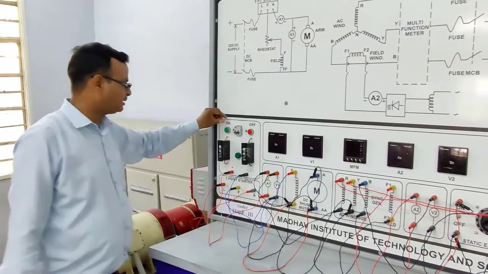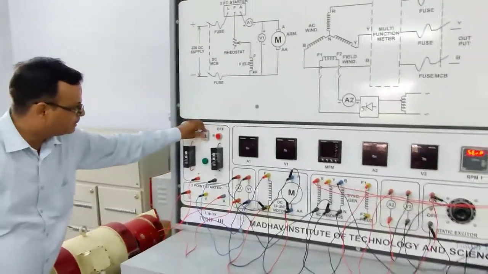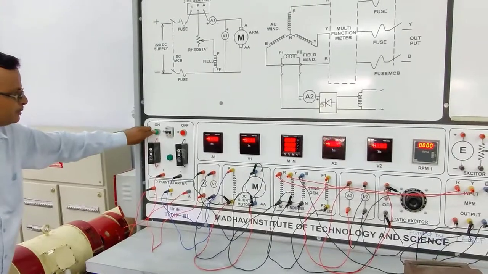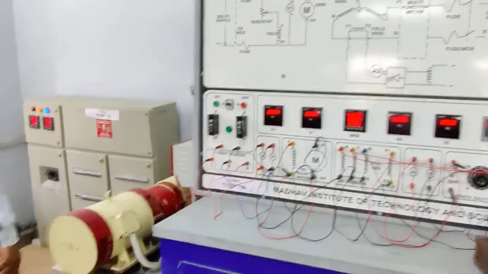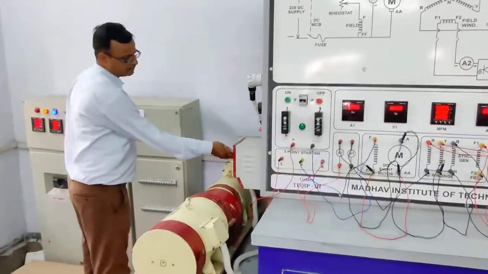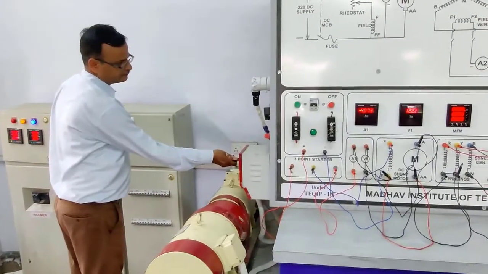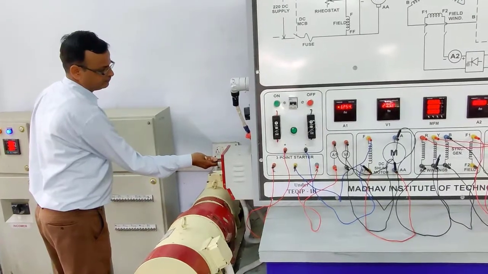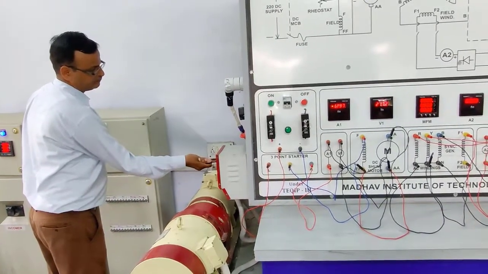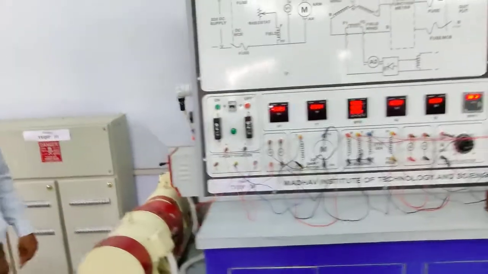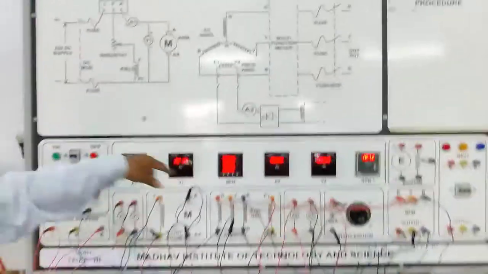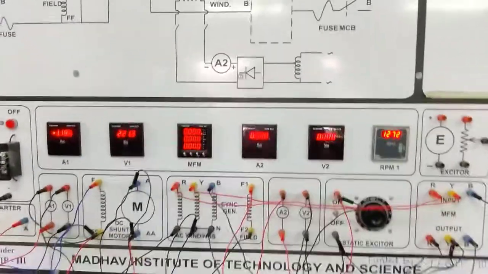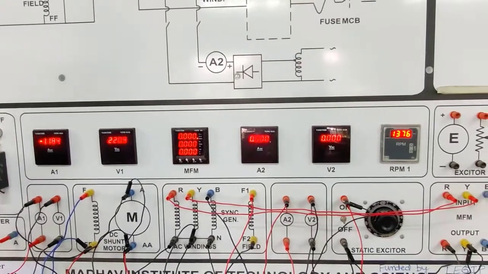Now we start again, switch on, and start the prime mover with the help of a starter. The speed is increasing. See that the speed is increasing.